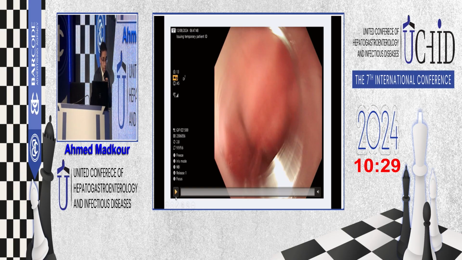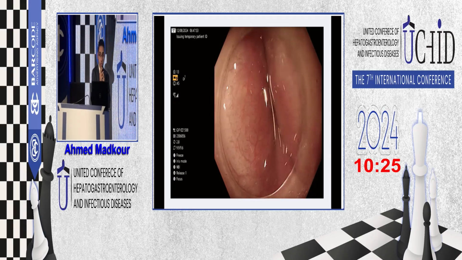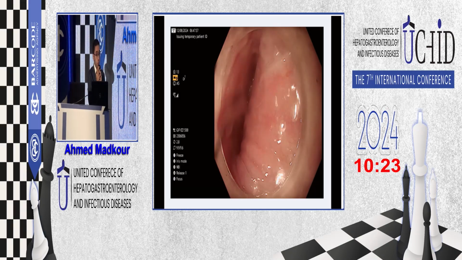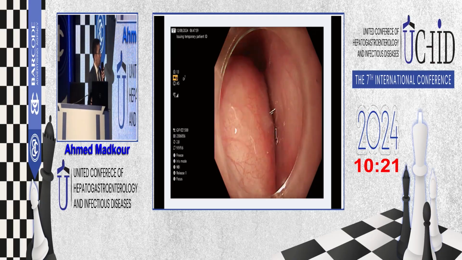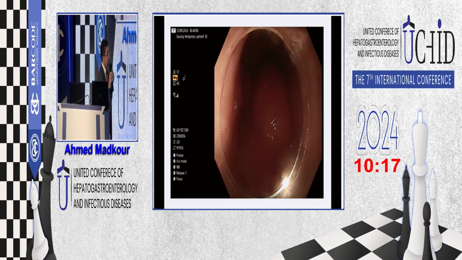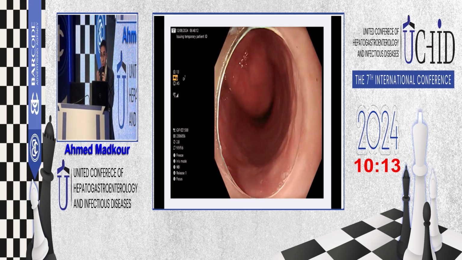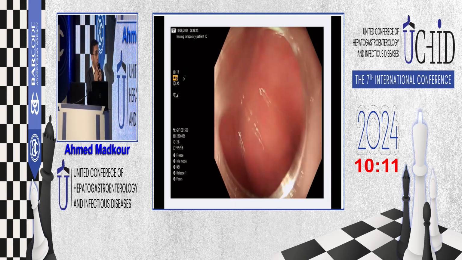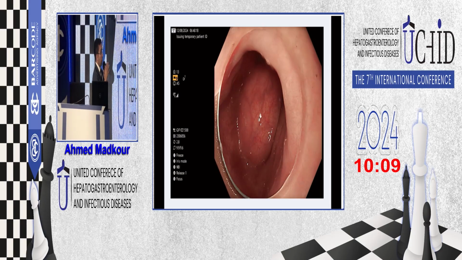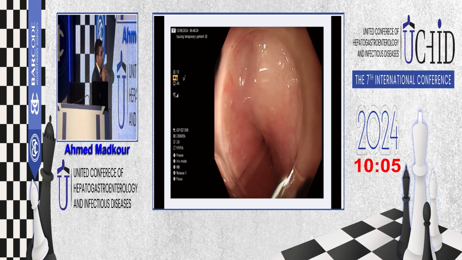Here is one of the cases I wanted to show: a large submucosal lesion causing symptoms, and actually it's a lipoma. I wanted to show it because sometimes we have debates about the best strategy. By EUS, it originated from the third layer, but sometimes you are not very sure. The large lesion makes resection difficult.